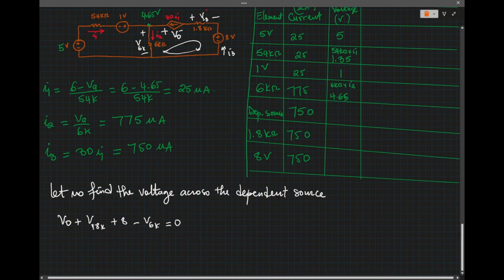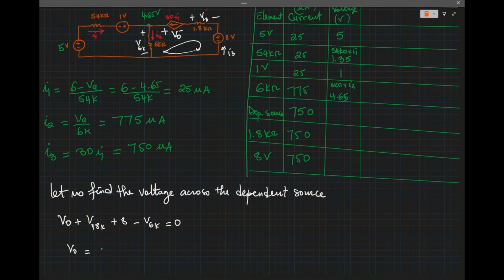So then I can find V0. V0 will be minus 8 minus V1.8K plus V6K. I know minus 8, so V1.8K I can calculate.